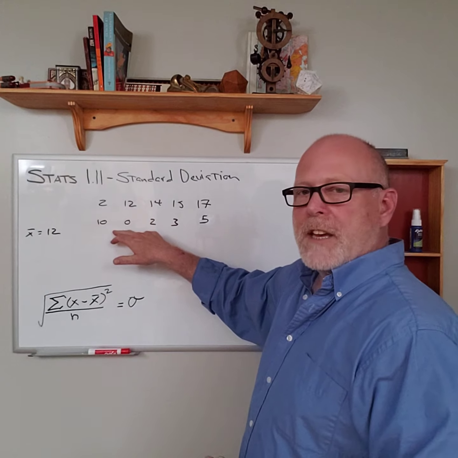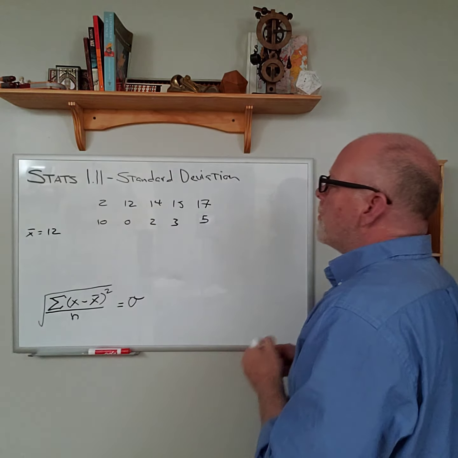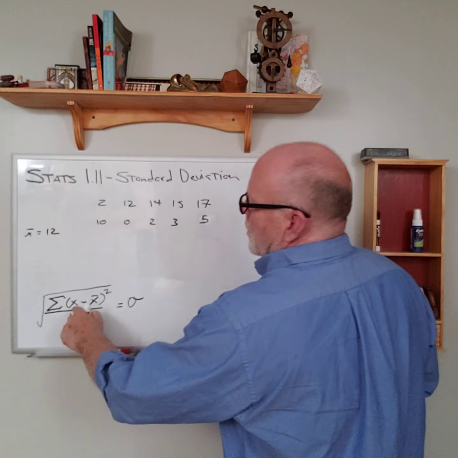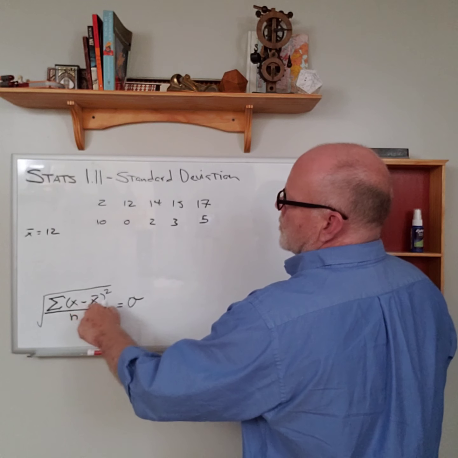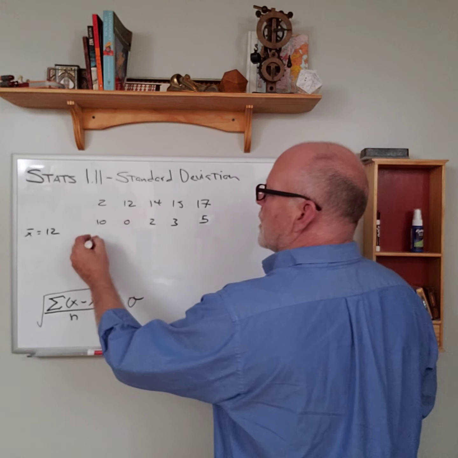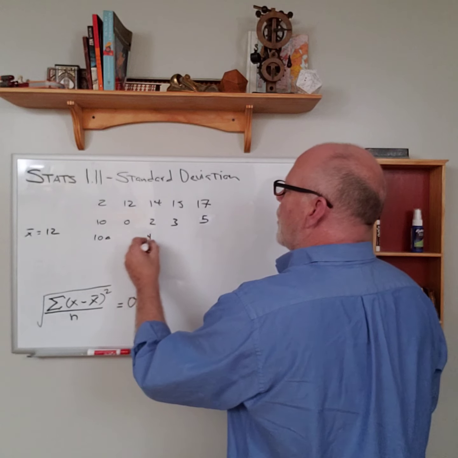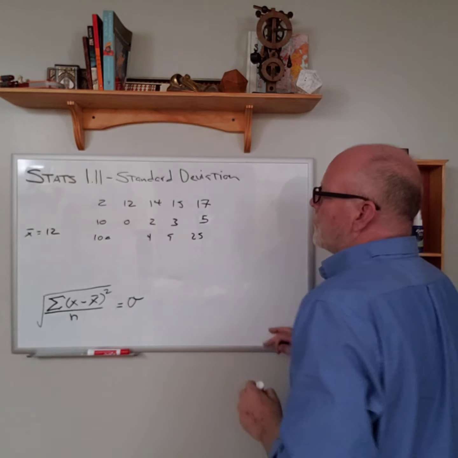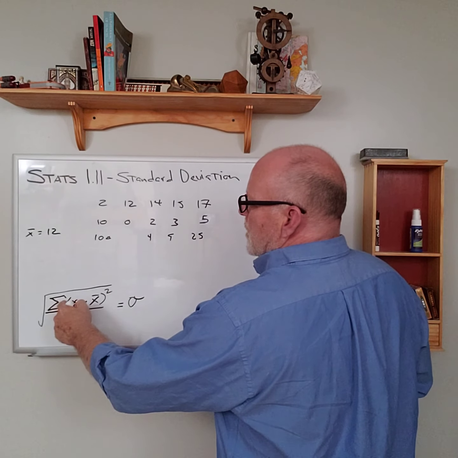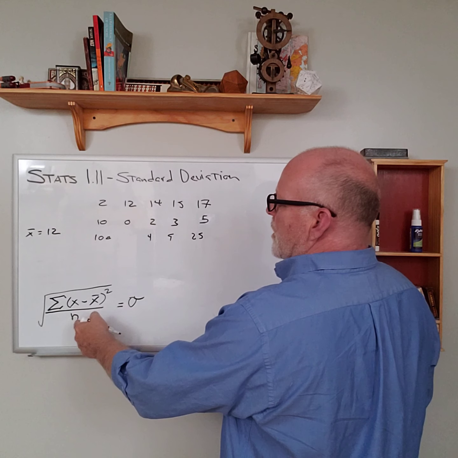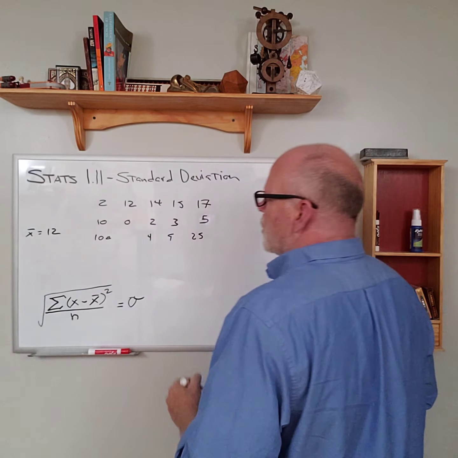Right? 2 minus 12 is negative 10. We don't need to worry about the negative. Okay, so take each of those and subtract the mean from it, and then square the results: 100, 4, 9, and 25. Add them together, divide by how many there are, and then square root the result.